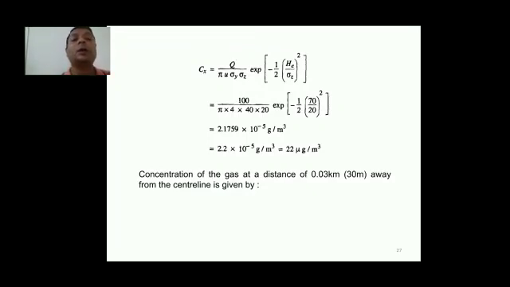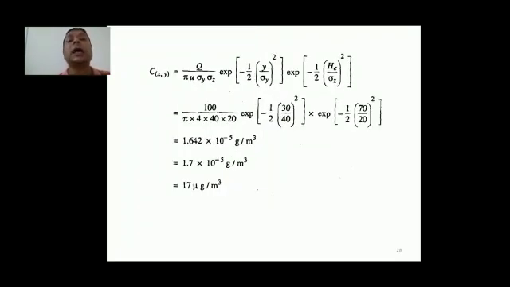Now the concentration of the gas at a distance of 0.03 km away from the center line is given by C(x,y) is equal to Q divided by pi u sigma y into sigma z into e raised to the power minus 1 by 2 y upon sigma y whole square into e raised to the power minus 1 by 2 H divided by sigma z whole square. So putting all these values here, again we get the result 17 microgram per meter cube.